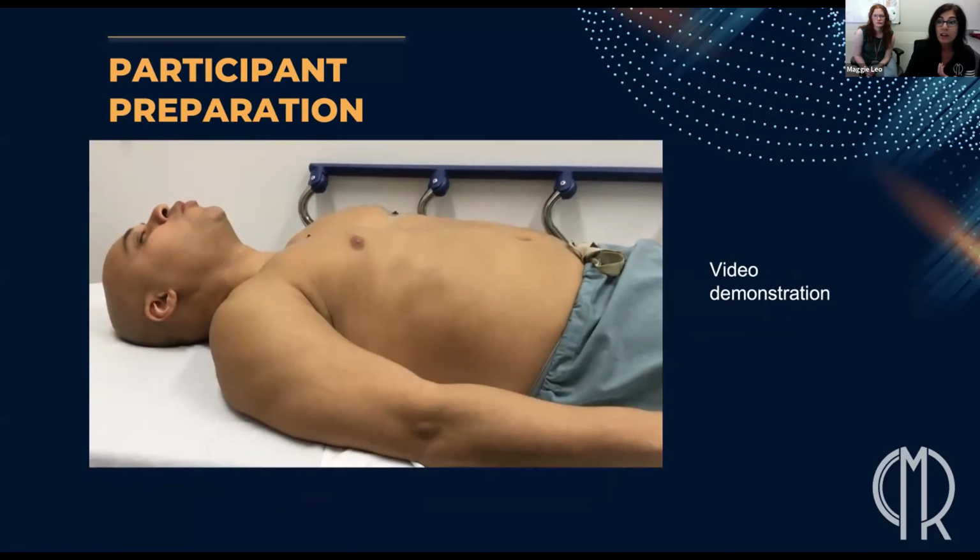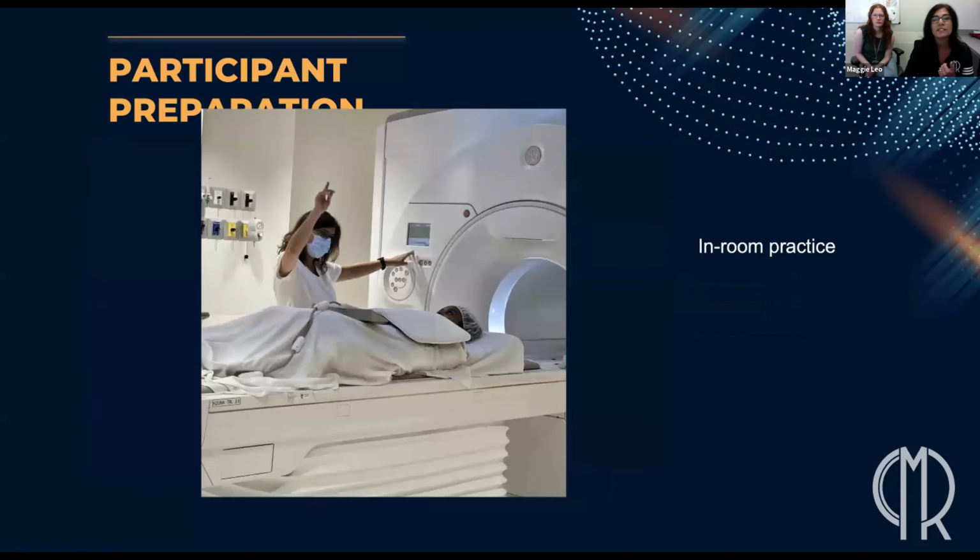Our next phase of teaching happens once we're inside the room, and we have an in-room practice. Once the patient is on the table and the bellow is around their waist, we practice using the IROC on the gantry, and we verify the respiratory gating just to make sure that they have indeed grasped the technique.